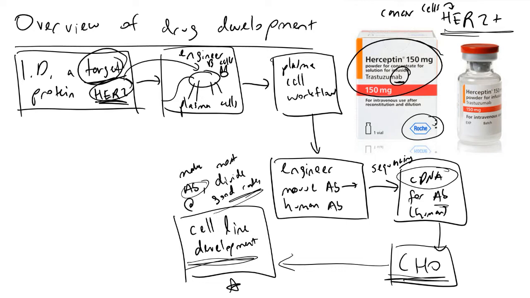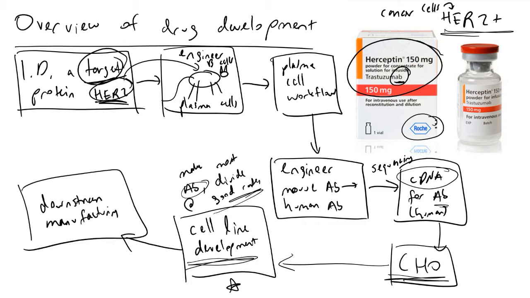And so after we do our cell line development, we can move to the downstream processes, which I'll just call downstream manufacturing. Downstream manufacturing involves basically taking clonal cell lines from our cell line development workflows and sticking them into flasks, and moving up from very small flasks into larger and larger flasks until we get to batch reactors.